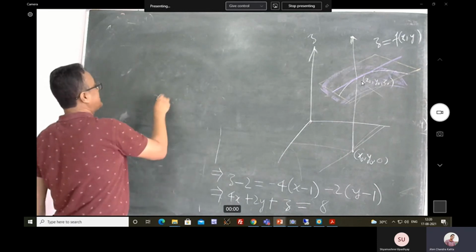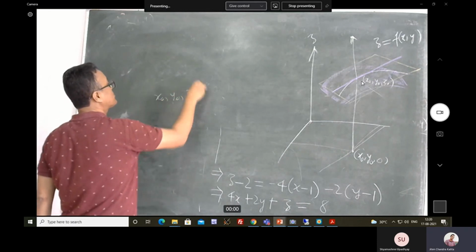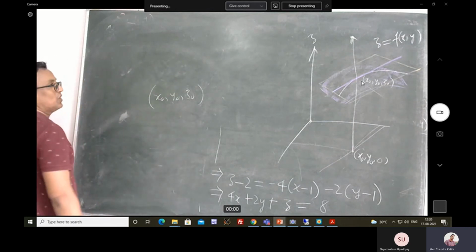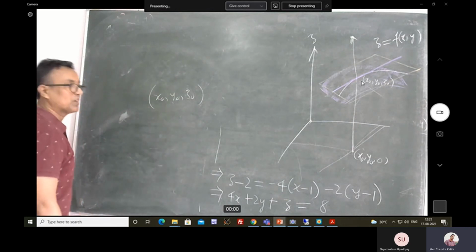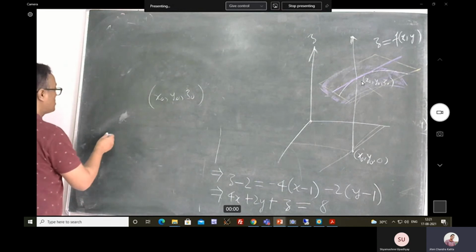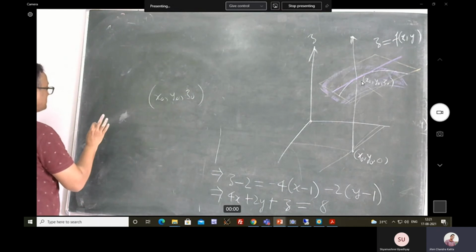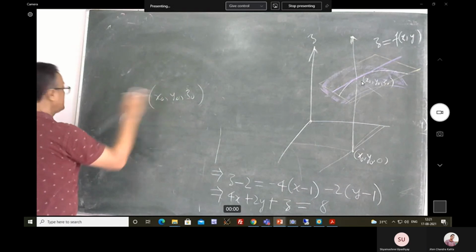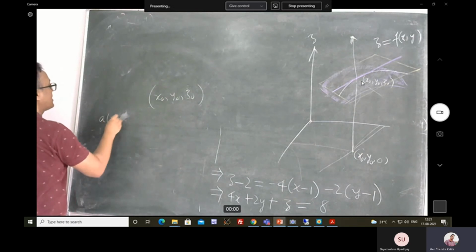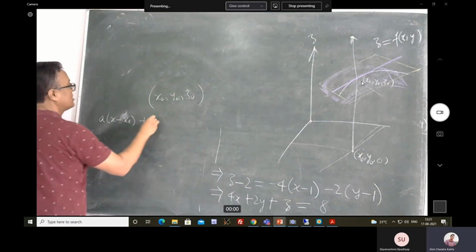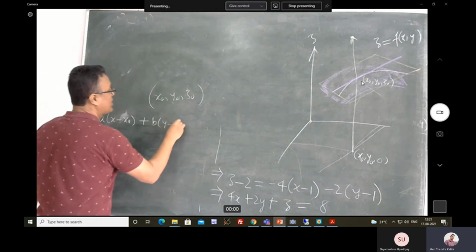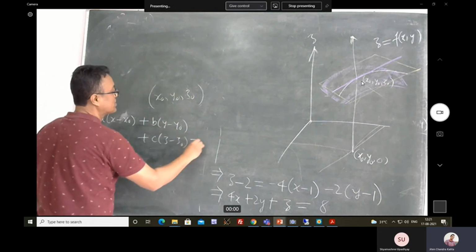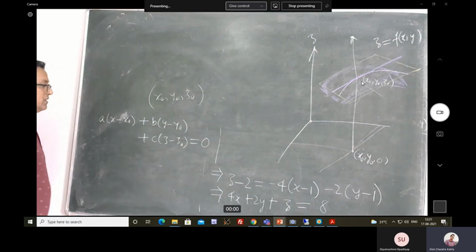When we consider the equation of the tangent plane to the surface at this point, the equation was given by a(x minus x0) plus b(y minus y0) plus c(z minus z0) equals 0.